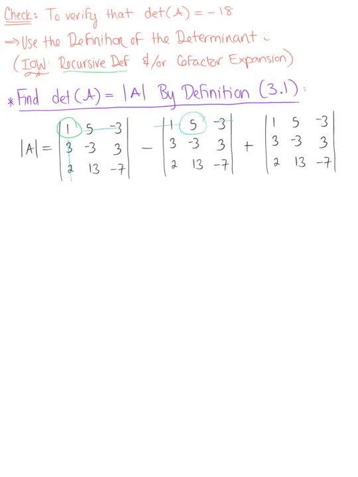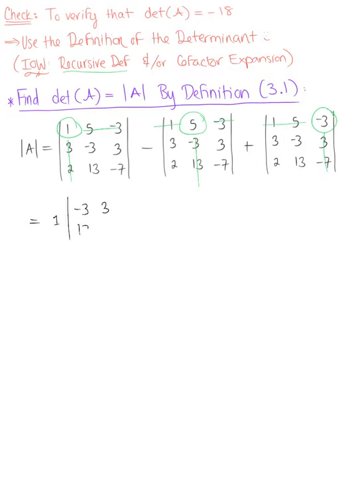So this would be technically 1 multiplied by the determinant of our 2 by 2 matrix here, 3, 3, 13, minus 7, and this is minus 5 multiplied by that 2 by 2 submatrix, 3, 3, 2, negative 7, plus or minus 3 multiplied by the 2 by 2 submatrix, 3, negative 3, 2, 13. Now we are ready to compute the determinant of each 2 by 2 submatrix.